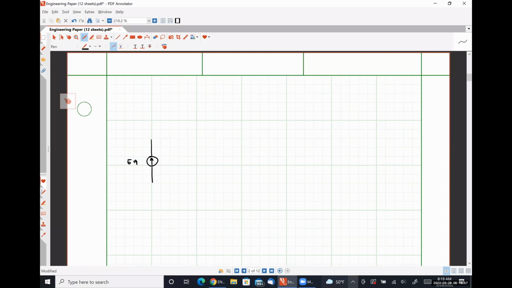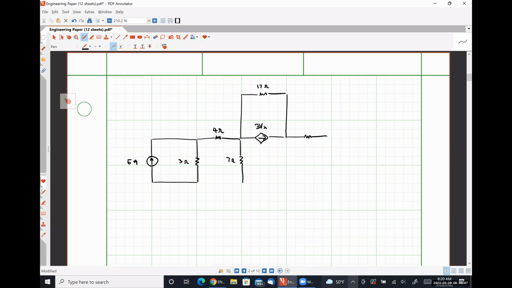We have a 5 amp source, a 3 ohm resistor, a 4 ohm resistor, a 7 ohm resistor, a dependent source that is voltage controlled of 3Vx in parallel with a 17 ohm resistor. A 2 ohm resistor, a 9 ohm resistor, and finally over here on the right hand side, a 1 amp source.